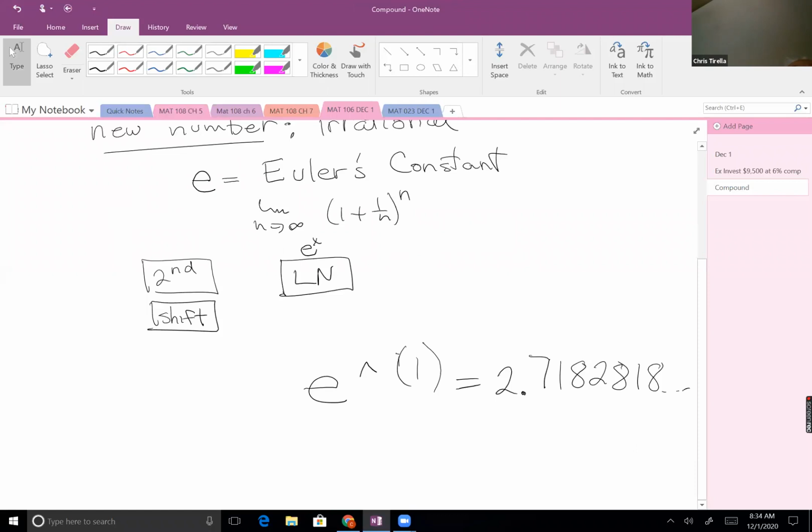It's an irrational number. Mine just gives a regular E. It doesn't give you a value? No, it just does the regular letter E. When you press equals, it doesn't change it into a decimal. No. Okay, what type of calculator do you have? I have a scientific calculator. What brand?